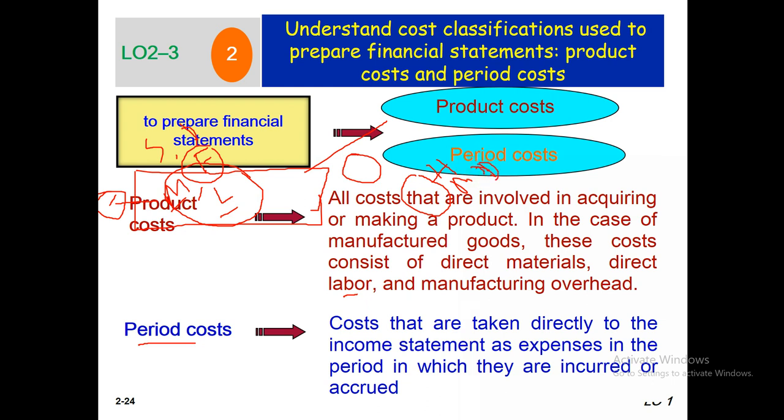So this is our selling cost and this is our head office cost, that means administrative cost. Collectively these two costs we call the period cost. That means costs that are taken directly to the income statement as expenses in the period in which they are incurred or accrued. We call that period cost. I think everybody is clear.